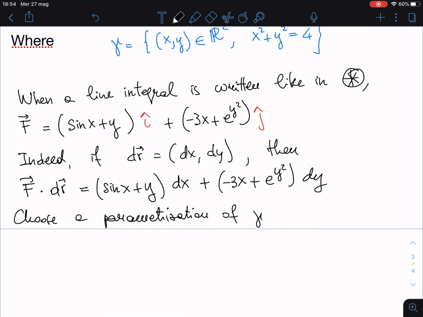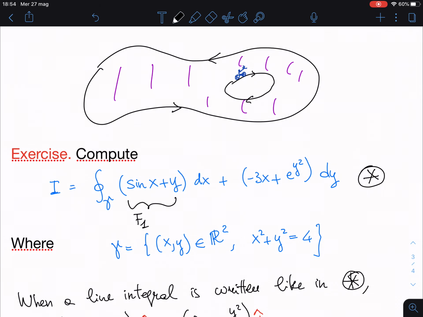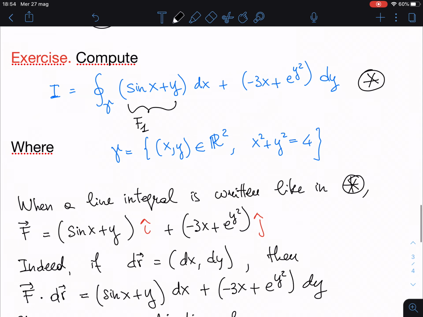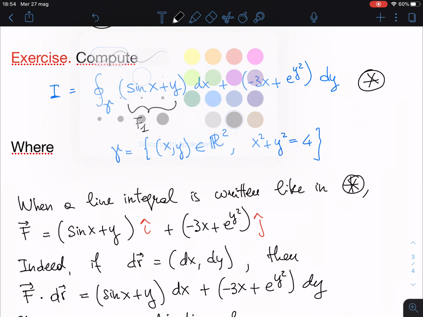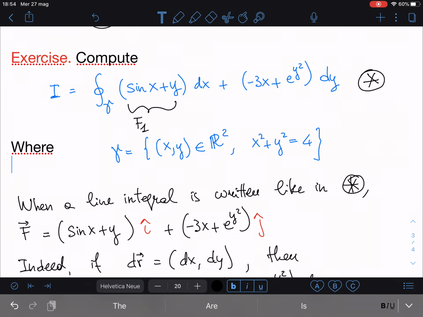But the parametrization depends on the orientation. The exercise must tell us how it is oriented, and so let me write it here.